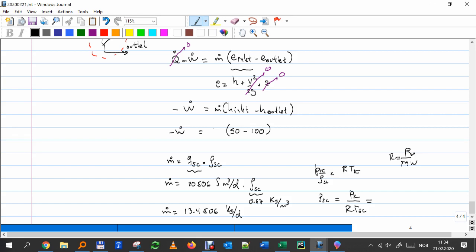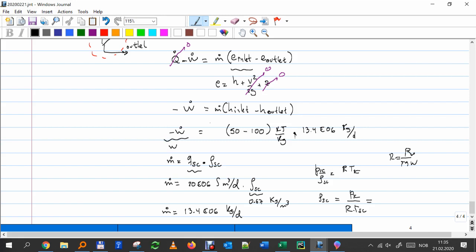But here we have to be a bit careful with the units. This is kilojoule per kilogram, and I have to multiply it times this 13.4 e to the 6 kilograms per day. But remember, we want the unit in watts or megawatts.